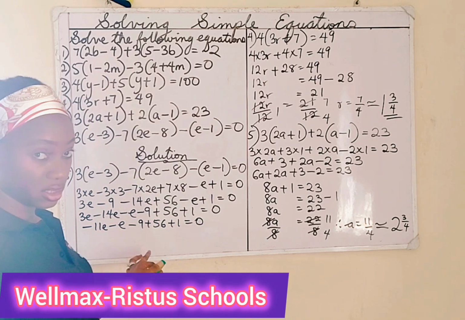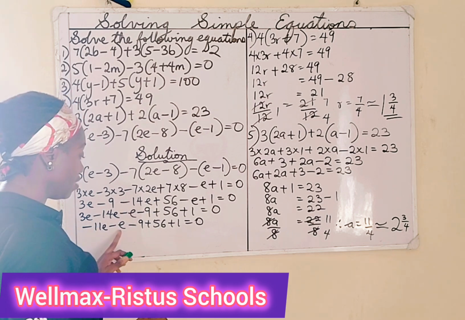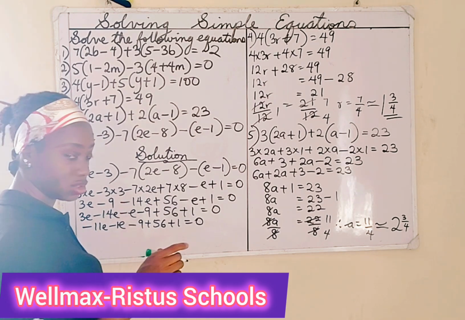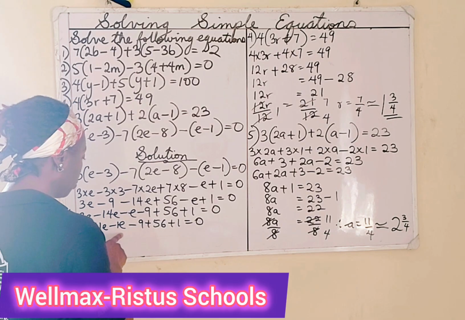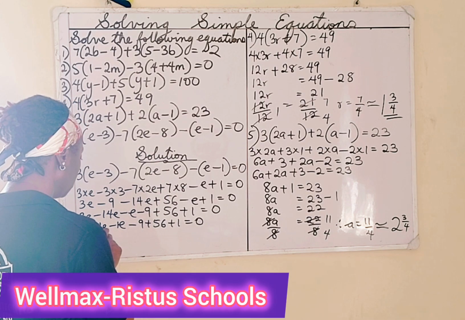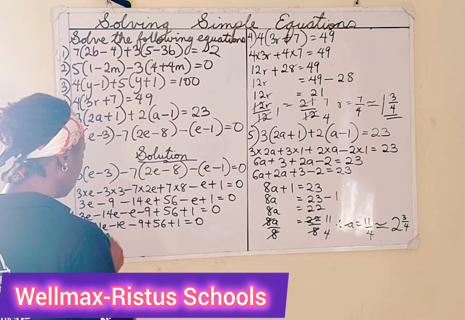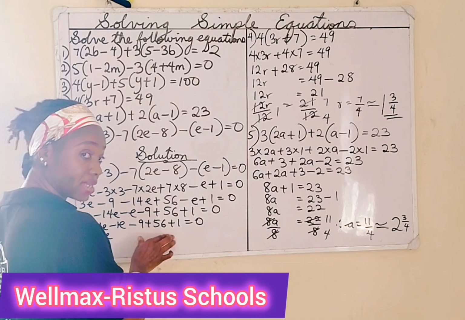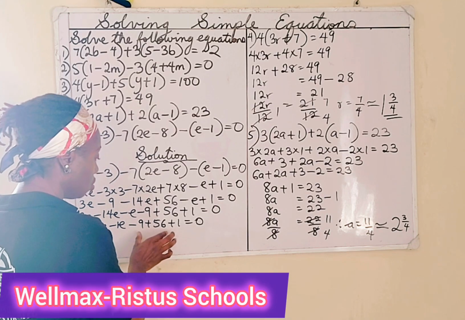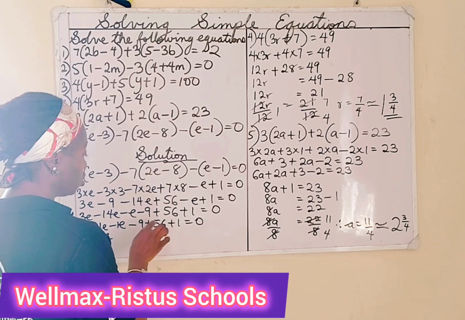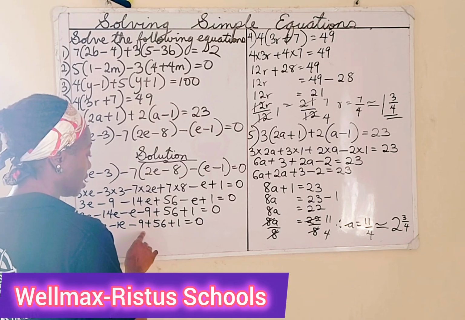Minus 11e minus e gives us, remember, whenever you have a letter here, there's an invisible 1 here that is not always written, so you add it. So minus 11e minus 1e equals minus 12e. Now from here, minus 9 plus 56, we are going to subtract, right? We would subtract and take the sign of the bigger number. So this is 56 minus 9.